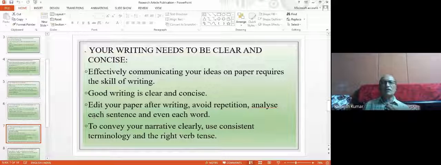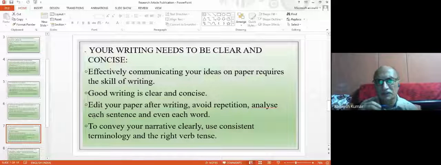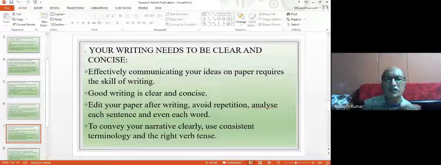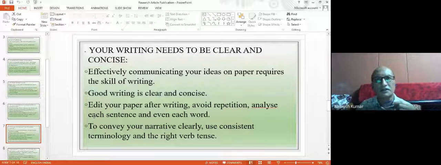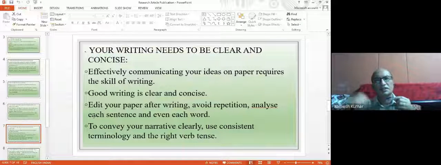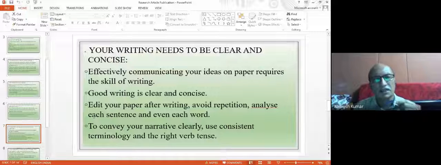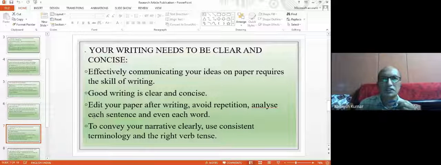And while you are doing that, obviously terminology and the right verb tense are also important. Most of the research journals, if we are talking about the high impact journals, the editors will be looking at your verb tenses. Somewhere you use the present tense, somewhere you use past tense, somewhere you talk in terms of first person, somewhere second person, somewhere third person.